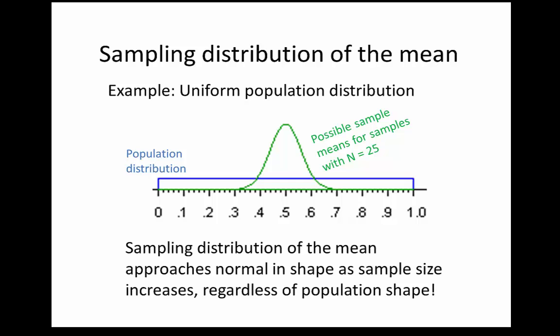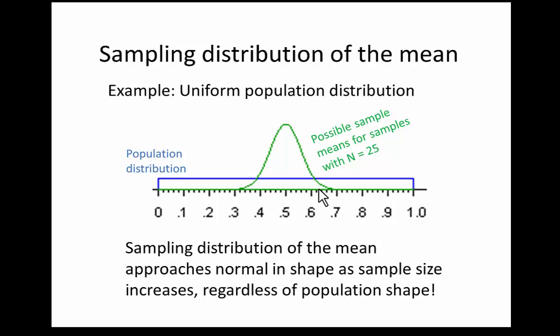From the central limit theorem, we know that sampling distribution of the mean approaches normal in shape as the sample size increases, and that's true regardless of the population shape. So in this case, even with a rectangular distribution, we get a sampling distribution that's already quite close to normal, and then we're able to apply the normal statistics to distributions of means.